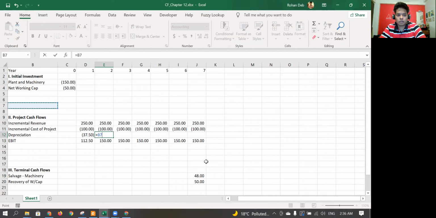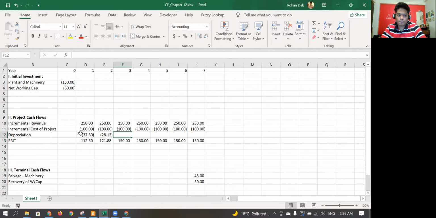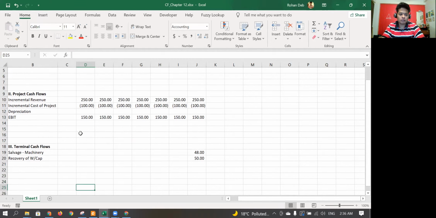Then again, this one equal to 150 minus this one into 25%, and so on. If you calculate like that, I would add a working note, it will be easier.